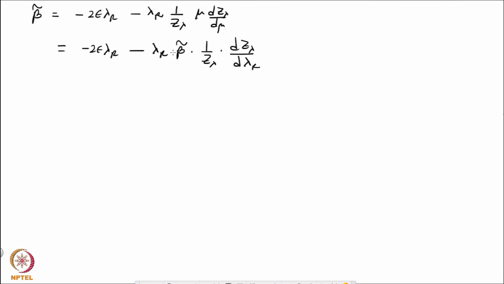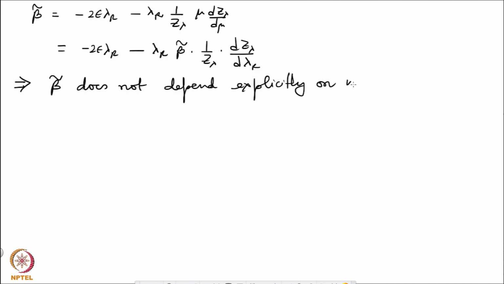So when you solve this equation, you will get for beta tilde a function that does not depend explicitly on mu. Okay. So from here you conclude that beta tilde does not depend explicitly on mu.